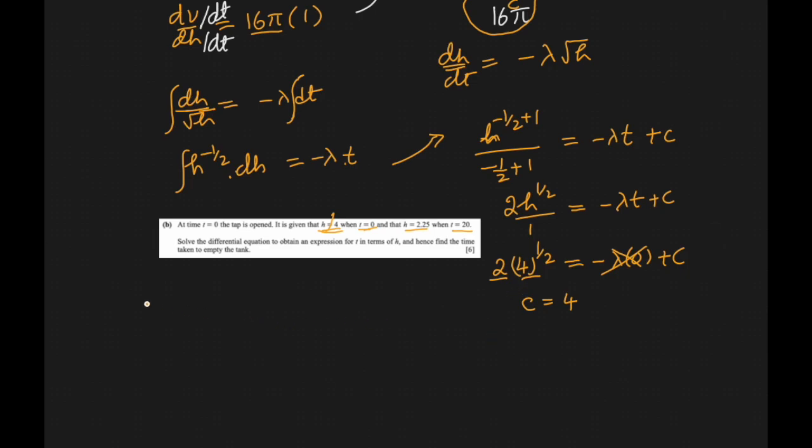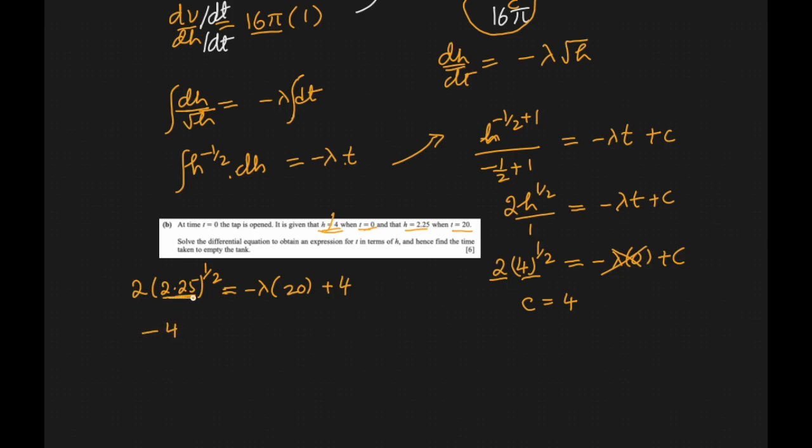Alright. Now second condition. H is 2.25. So 2 times 2.25 to the power half equal to minus lambda, time is 20 seconds, plus c, which is known to us now, 4. So we can find lambda also. 4 goes to the other side, it becomes minus 4.